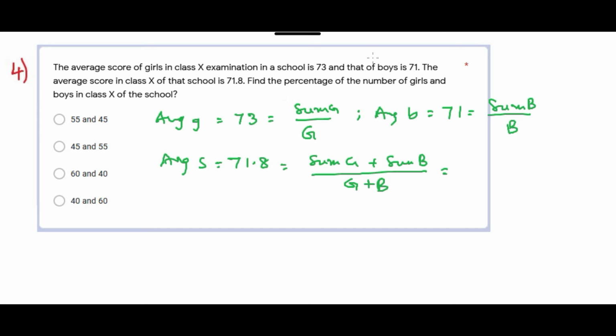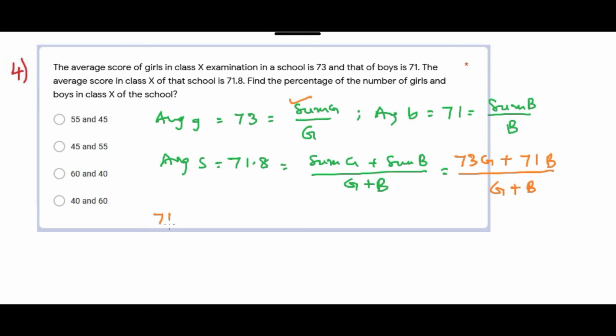From this we can take the sum of girls as 73G plus the sum of marks of the boys, 71B, divided by G plus B, which is equal to 71.8. So simply we can go ahead. Let me go through this.